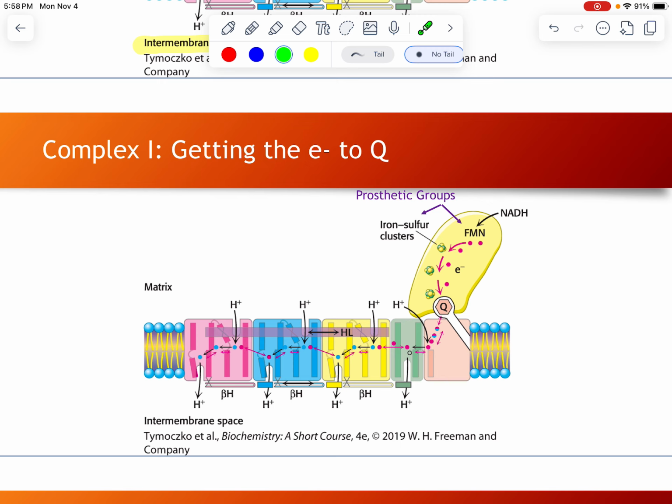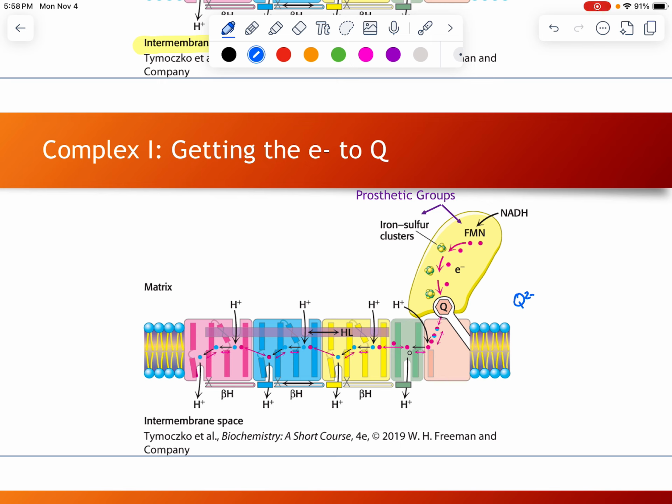Okay, remember Q is lipid soluble, and it's kind of in this little enclosed chamber here, and as it takes those electrons, it becomes negatively charged. We get this Q2 minus. When that gets negatively charged, remember everything is all about the conformation, the shape: like charges repel, opposite charges attract.